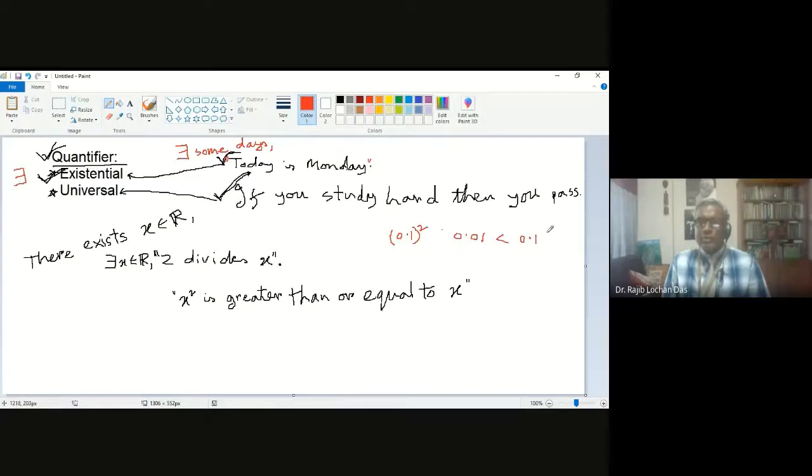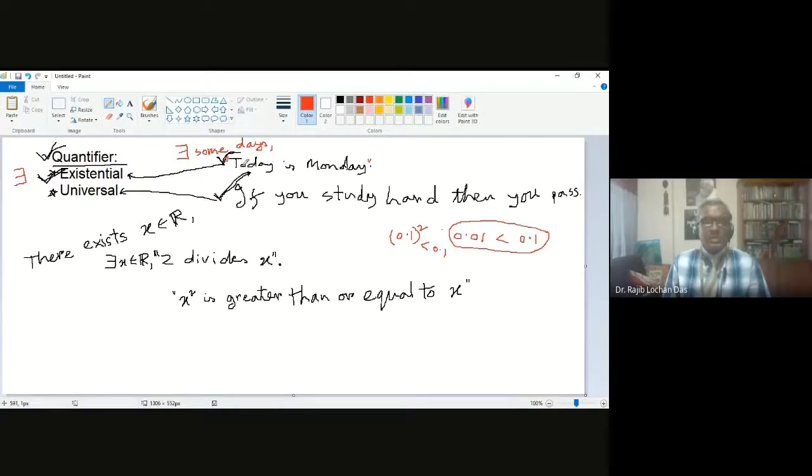So x square is smaller than the original x. So it is happening for the smaller number, that is, a number less than one. Okay, but I'm trying to give you one example which is universal.